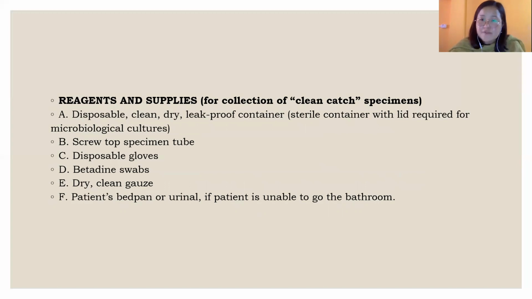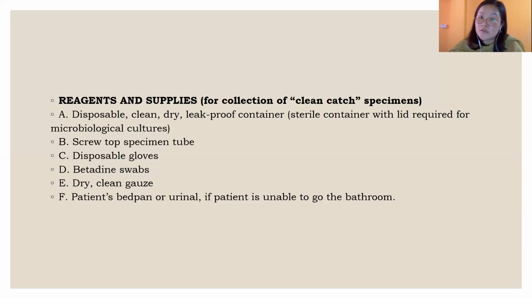There are different supplies required for urine sample collection. The first is a disposable container, which has to be leak proof and clean or sterilized, and we can also use a screw top specimen tube if we don't have a container.